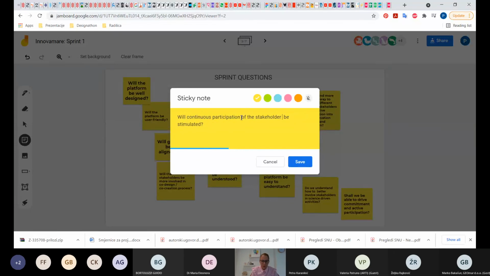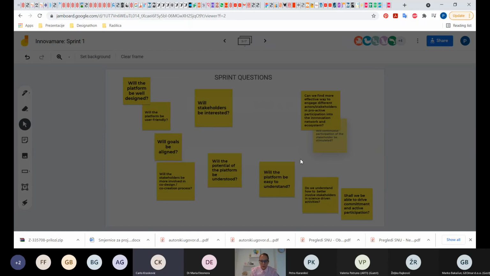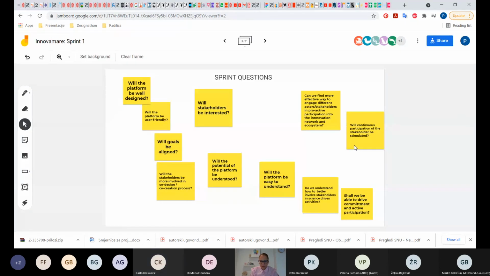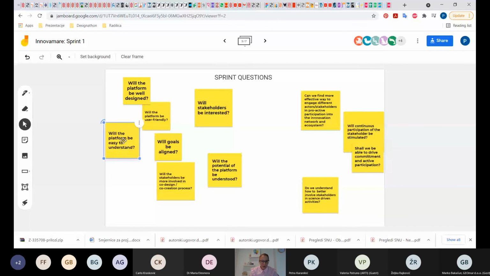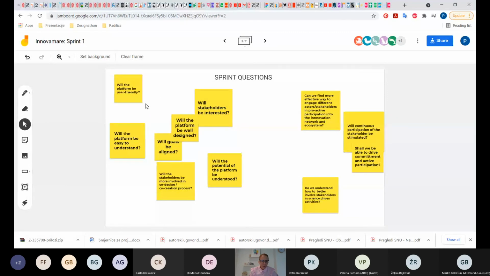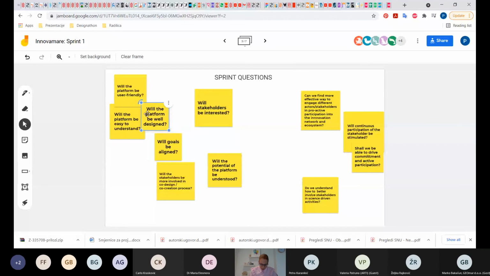Does it sound okay? Yeah, it's what I was mentioning. Okay, so basically this is also shall we be able to drive commitment and active participation, so it adds on to this. Will it be well designed, easy to understand? I think it's basically and simple to use. It's all connected to user friendliness, so that needs to be easy to understand, well designed, and simple to use.